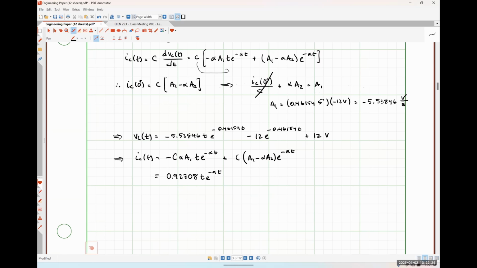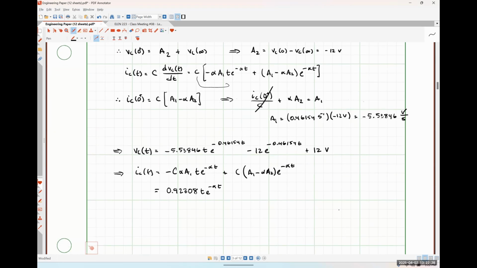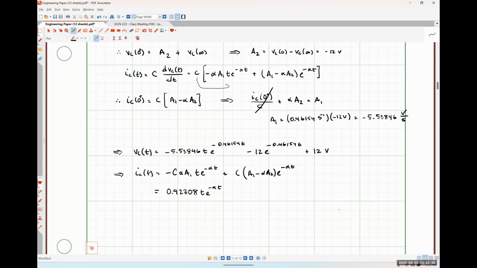Alpha is X and A2 is minus 12. And I wound up getting 0 for my second term. Sorry, let me actually write the number out for alpha. 0.46154 t plus 0 amps.